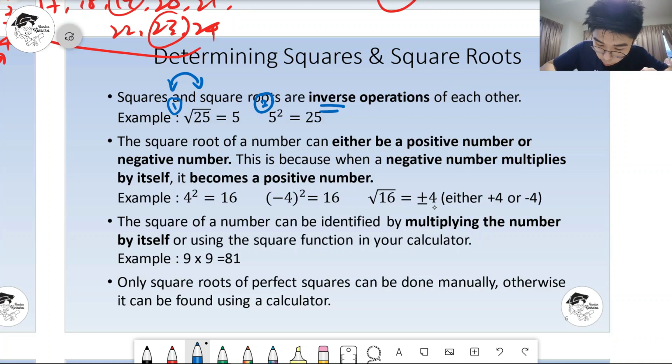You do kuasa 2 on the answer, which is 5. 5 squared gives you back 25. That means when you take 5 to the power of 2, you get 25. 5 kuasa 2, jawapannya 25.